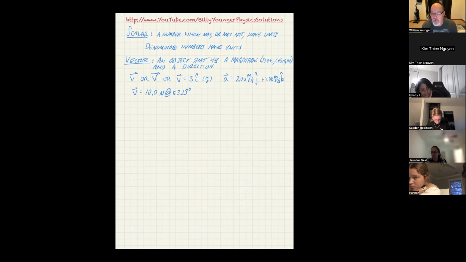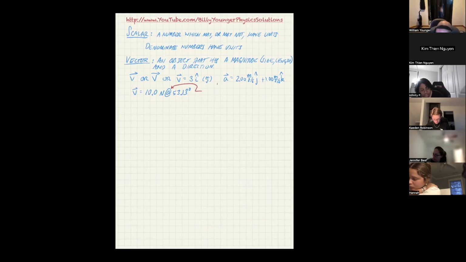We're going to go to the more normal statement of a vector like I have written down on that last one, which is 10 newtons at 53.13 degrees. If I have something as plain as this to indicate direction, then what that indicates is this.